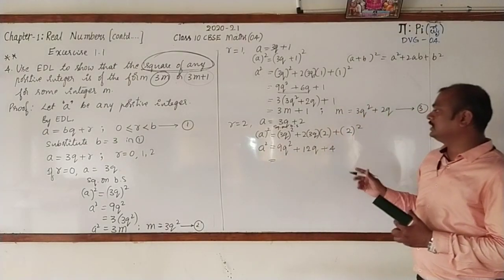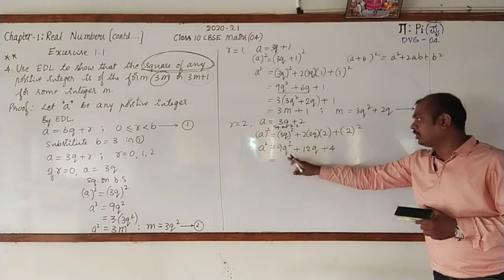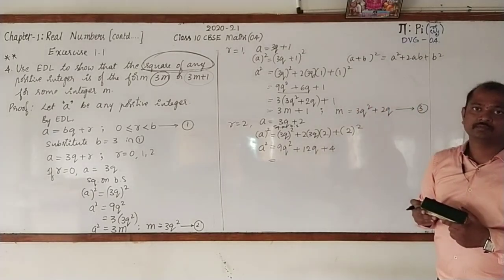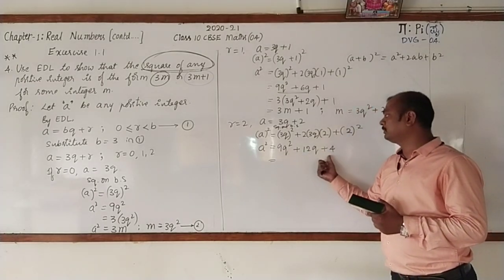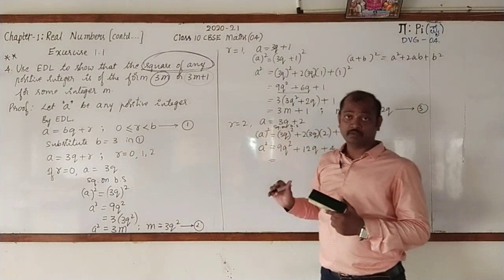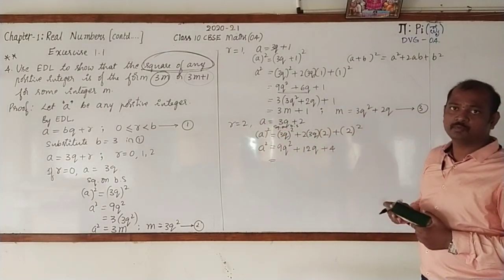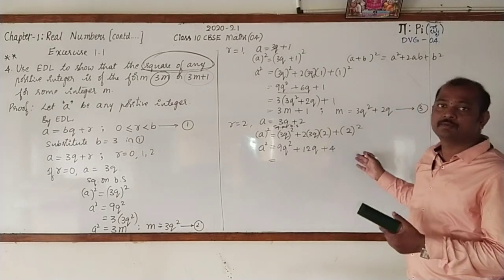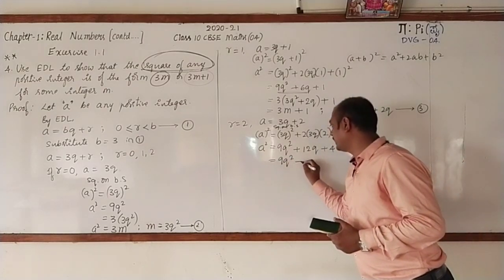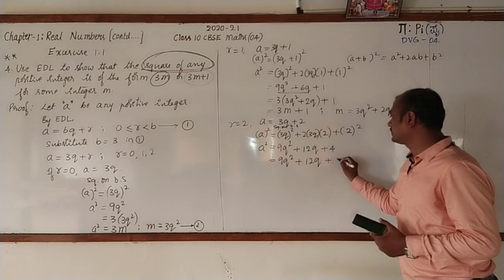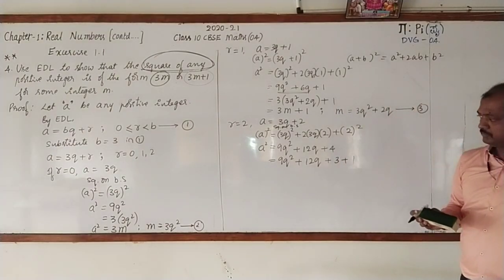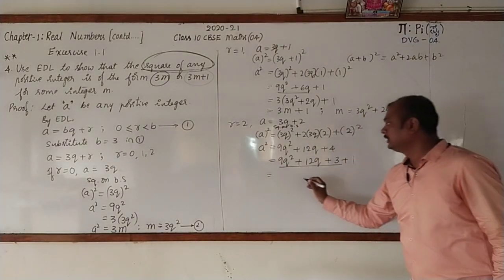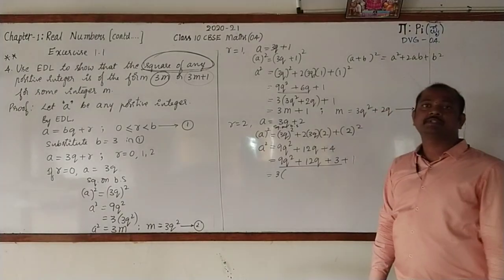Now, in all these, are all these three terms multiples of 3? No, only the first two terms. But when you take only the first two terms, it will be plus 4. But we have to show that it is 3m plus 1. Hence, I go for splitting 4 as 3 plus 1. Here I will write 9q square plus 12q plus 3 plus 1. Now, in the first three terms, what is the common factor? 3, because all are multiples of 3.